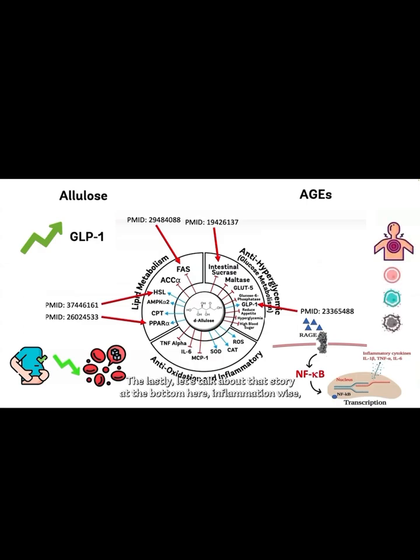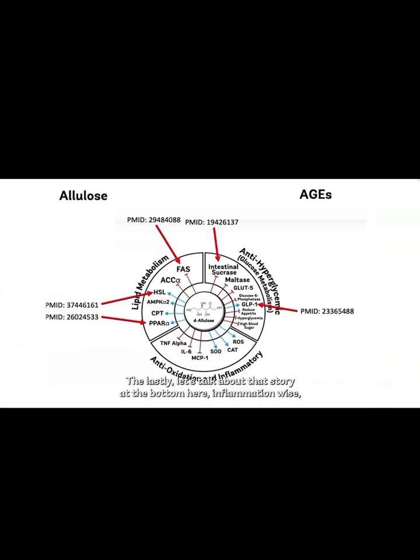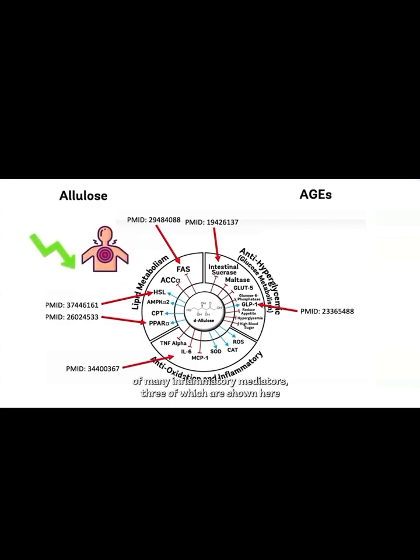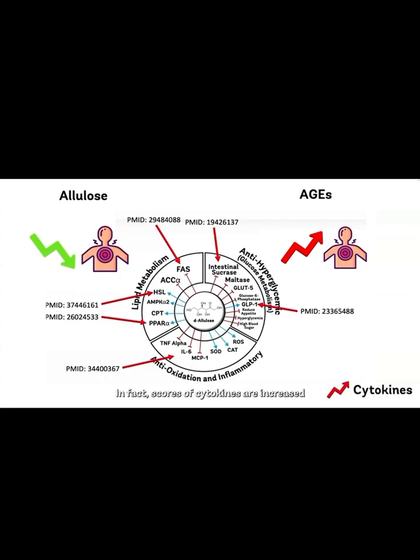So lastly, let's talk about that story at the bottom here, inflammation-wise. Whereas allulose reduces the elaboration of many inflammatory mediators, 3 of which are shown here, AGEs exacerbate inflammatory signaling and will lead to the release of these inflammatory cytokines. In fact, scores of cytokines are increased following AGE-RAGE interaction.